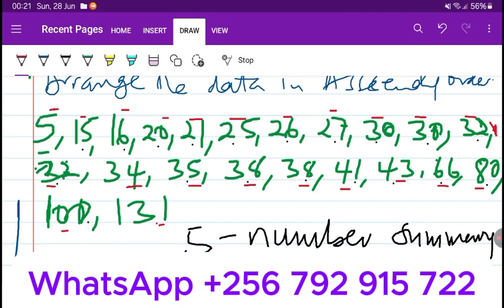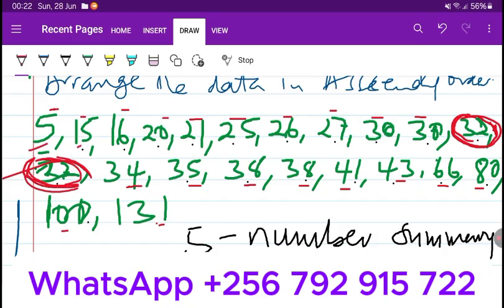Of course not. The middle value will be these two numbers, this one and this one. They are the two numbers that are in the middle. If you count what has been left this side and this side, they will all be equal.